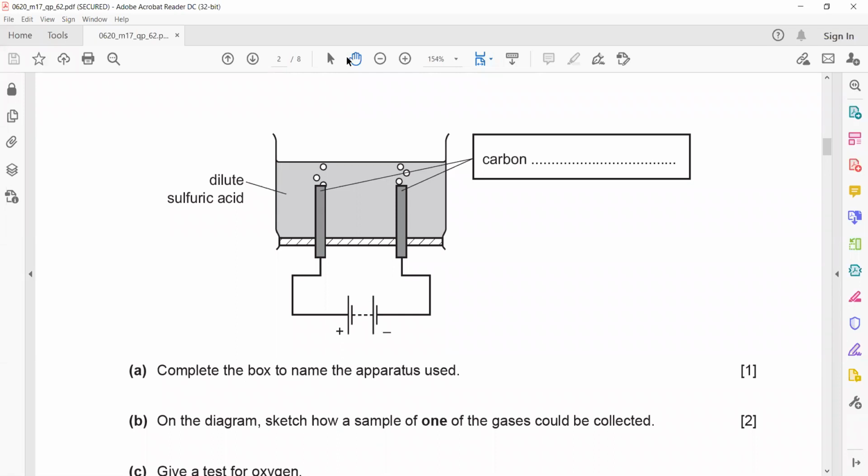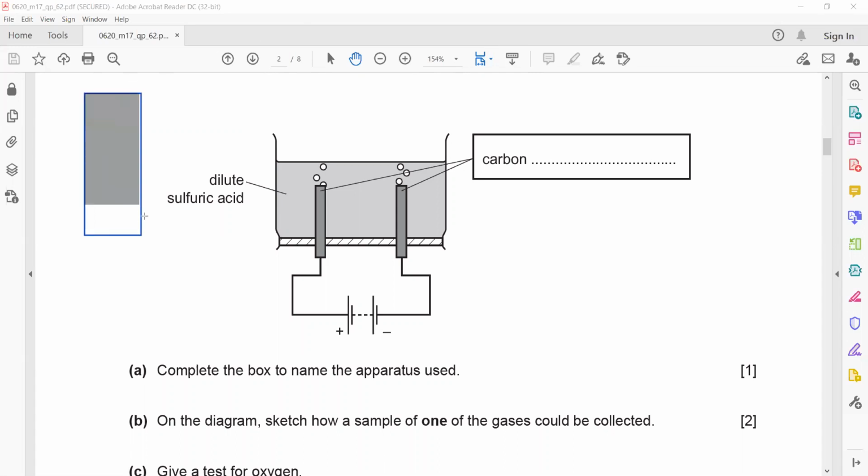How do we collect the gas in this technique? We completely fill this measuring cylinder with the electrolyte, and then we invert the measuring cylinder over the electrode. When we invert it, some of the electrolyte we filled in the measuring cylinder will go out as the gas takes its place.